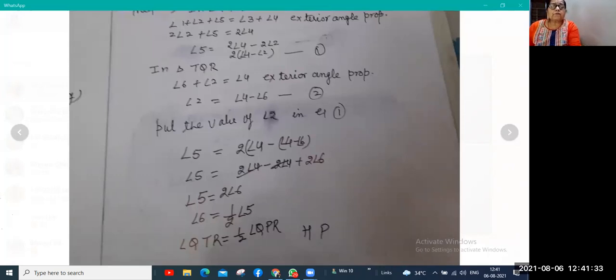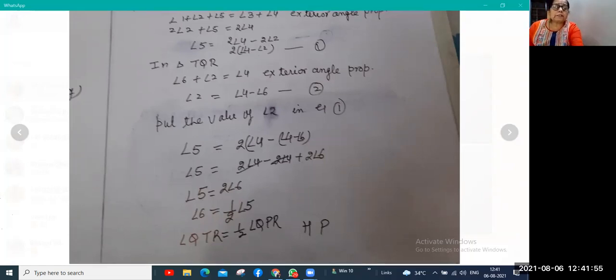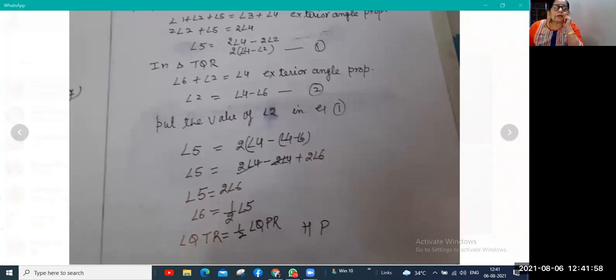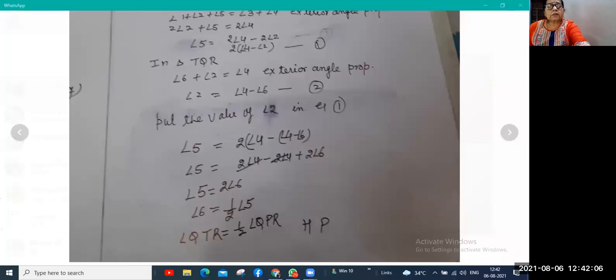So angle 5 will be equal to double of angle 4 minus double of angle 4 plus double of angle 6. The 2 will be multiplied to the entire bracket, and double of angle 4 with plus and double of angle 4 with minus will cancel. So what is left? Double of angle 6. That means angle 5 is equal to double of angle 6. Or we can say angle 6 is equal to, this 2 will go towards the denominator, half of angle 5.